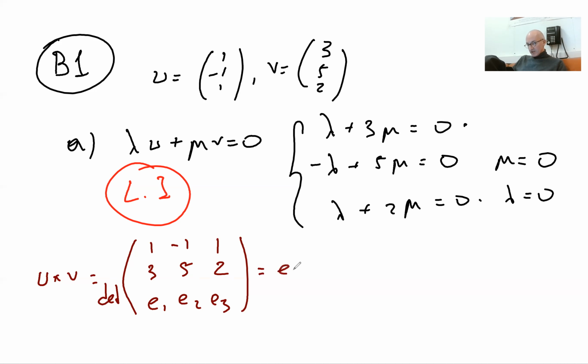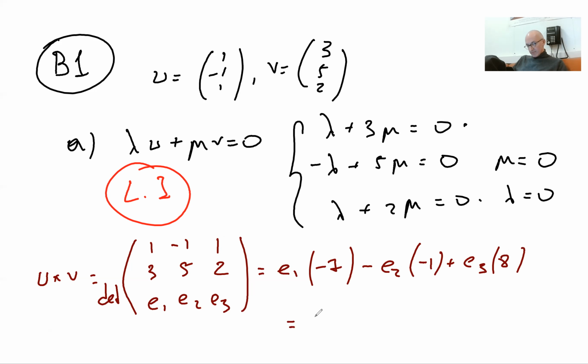This is e1 times what? This: minus 1 times 2 minus 2 times 5, so we get minus 7. Then you get minus e2 times 1 times 2 minus 3 times 1, so minus 1. Plus e3 times the determinant of this matrix: 5 minus minus 3, which is 8.